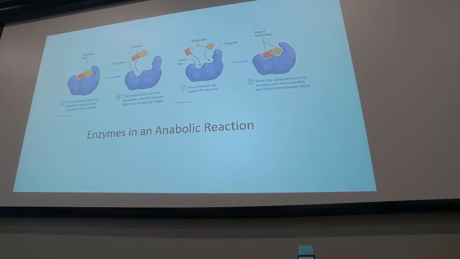So here we have an example of enzymes participating in an anabolic reaction. Let's see, it starts in here. Basically you have two substrates, this one in orange color, this one in yellow color, or red and orange.